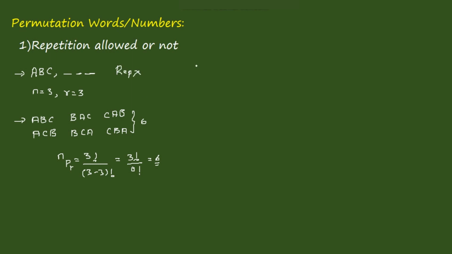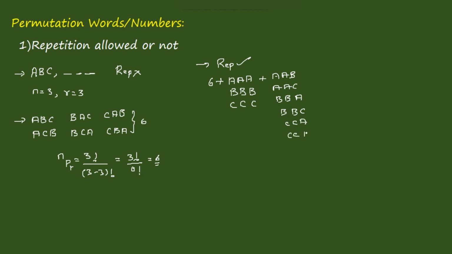Now coming to the second case, when repetition is allowed. When repetition is allowed, we can write the words as AAA, BBB, and CCC. Plus, we can also write AAB, AAC, BBA, BBC, CCA, CCB.